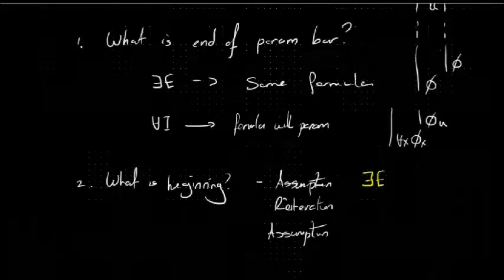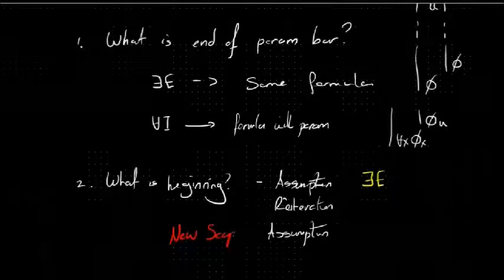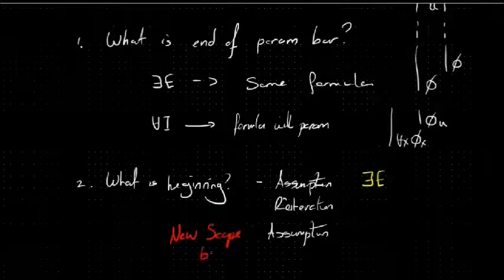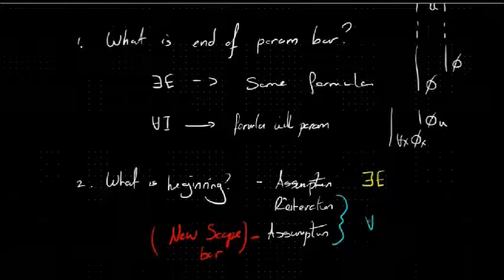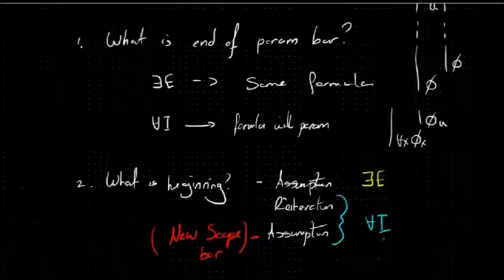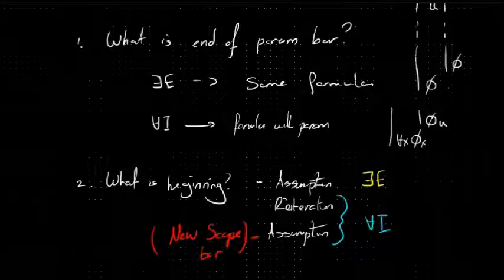And let's just put that in red. A new scope bar assumption. And in both of those cases, it's going to be for our universal introduction. Okay, so those are the things to think about for this rule.